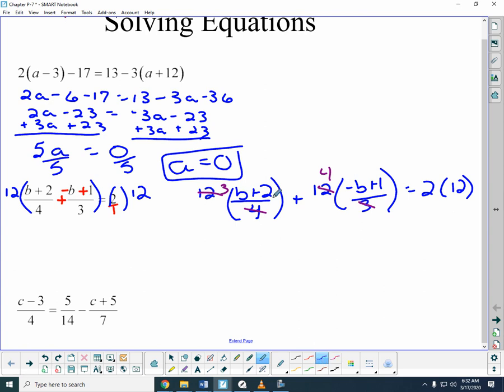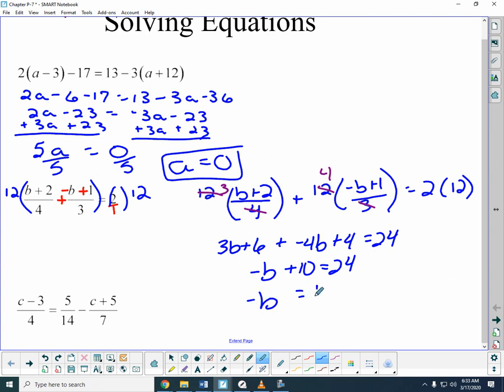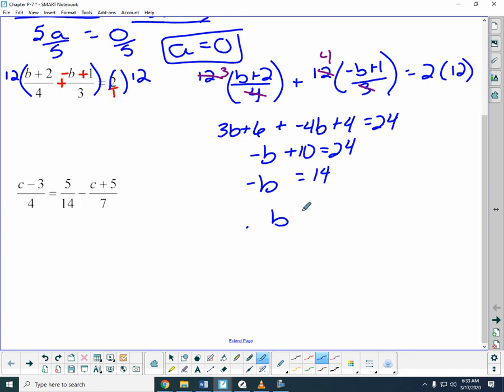So the 3 times b plus 2 is 3b plus 6, plus distribute the 4, negative 4b plus 4 equals 24. Combine my like terms over here, I get a negative b plus 10 equals 24. Subtract 10 from both sides, I get negative b equals 14. Divide by a negative 1, I get b equals negative 14.